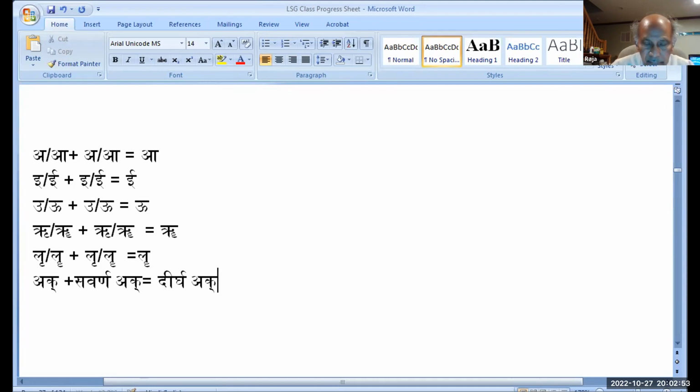When an "ak", which includes "a", "i", "u", "ru", "lu", is added to a savarna "ak", a similar vowel, both of them are replaced by the long form. That we call Savarna Dirgha Sandhi.